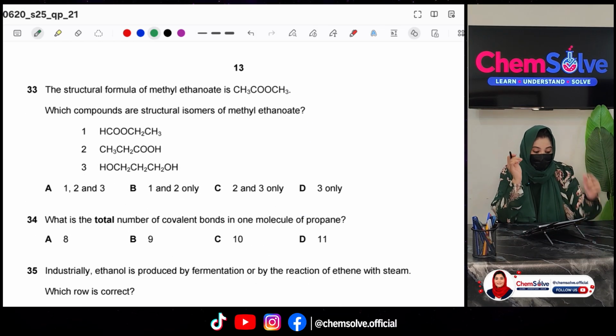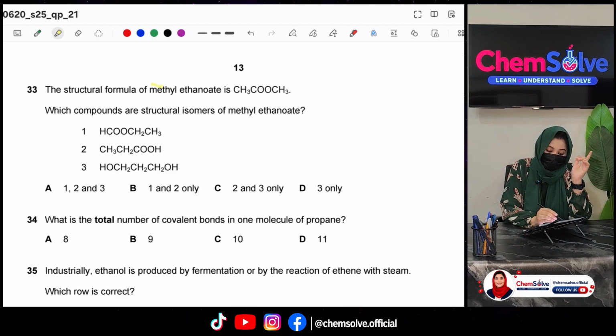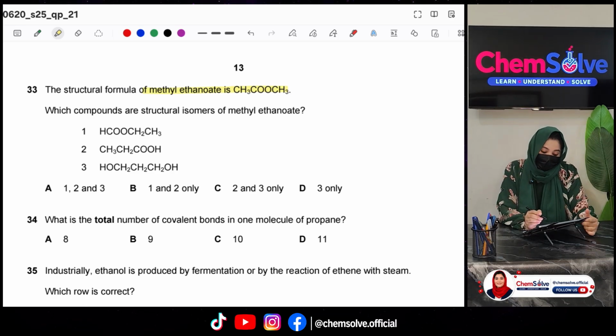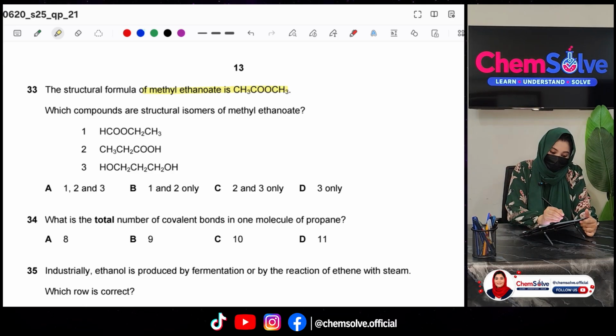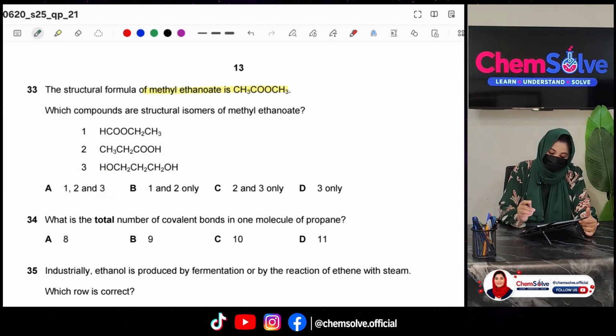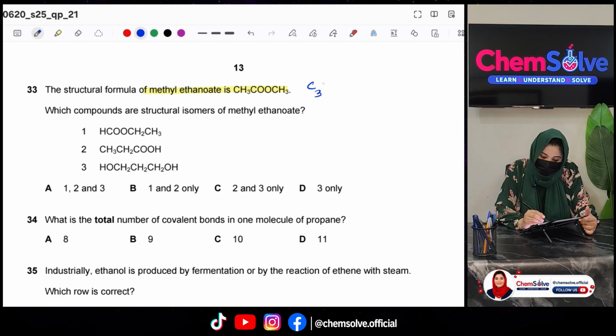Next question is question number 33. The structural formula of methyl ethanoate is this. Which compounds are the structural isomers of methyl ethanoate? Okay. So first look at the formula. It has 3 carbon, 6 hydrogen and 2 oxygen.